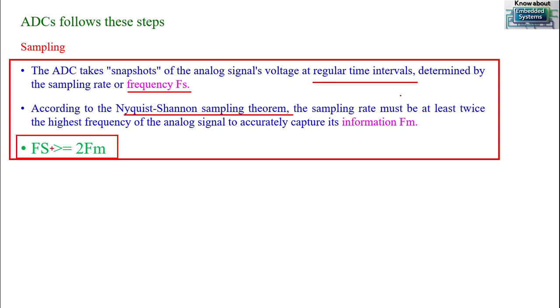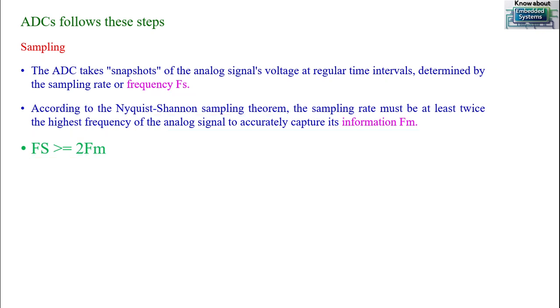Your sampling rate should be greater than or equal to at least 2 times Fm. So what do you mean by Fm? Fm is nothing but the frequency of the analog signal, or the frequency of your input signal. The input analog signal is called the message signal, with frequency Fm. So what the Nyquist theorem says is that the sampling frequency should be greater than or equal to 2 times Fm. So this is related to the sampling process.